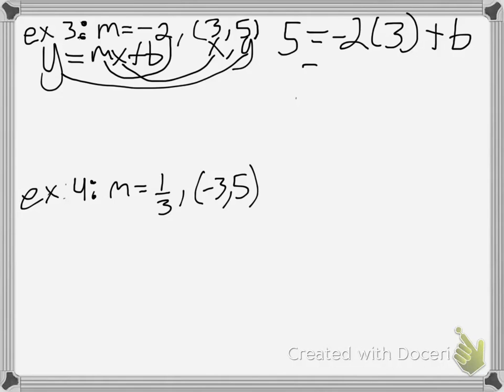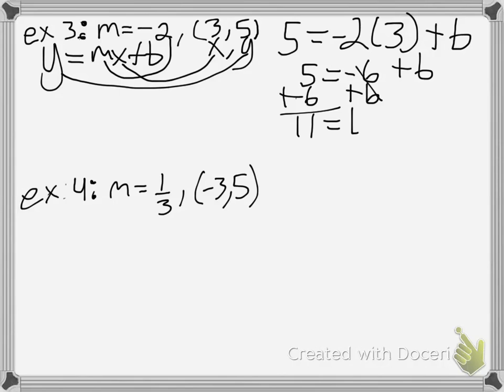Alright, so that'll be 5 equals negative 6 plus b. Add 6 here. Plus 6 gives me 11. So we already know the slope, so it's going to be y equals negative 2x plus 11.